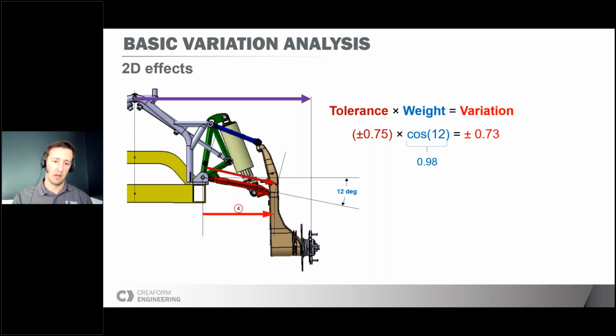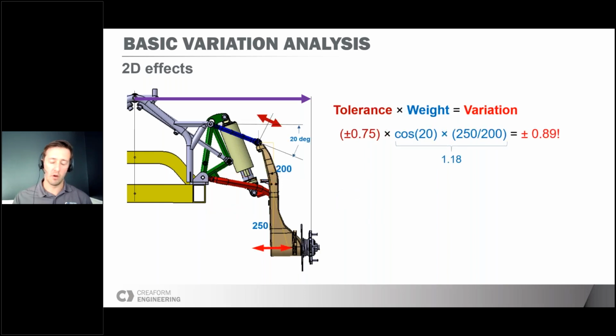Maybe another one, just to give you another example, the upper arm. When you look at it, if the upper arm varies in length, your knuckle will try to rotate around the ball joint that is on the lower arm. So the tolerance on this arm also affects the requirement.